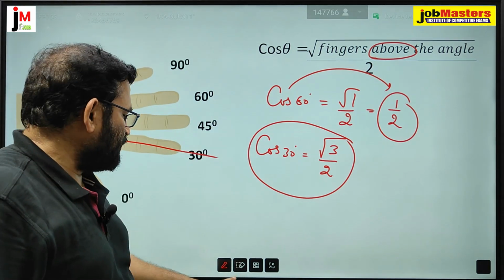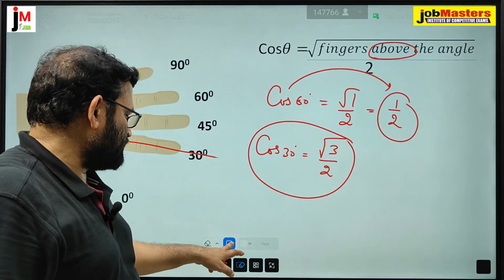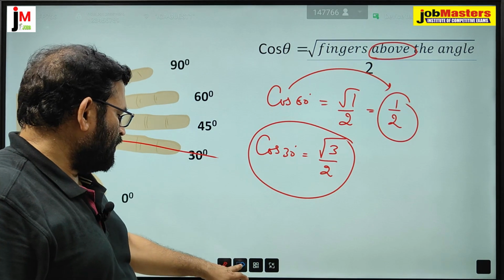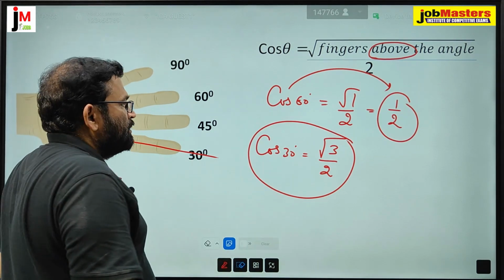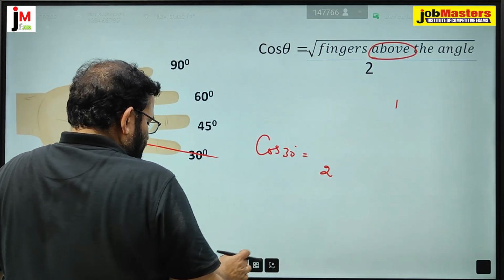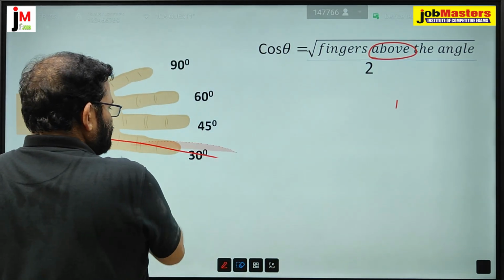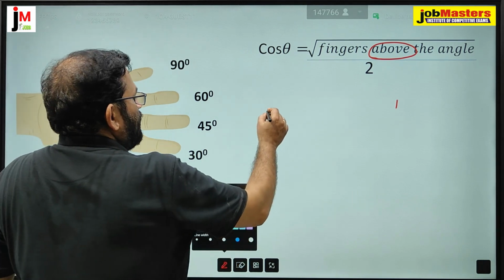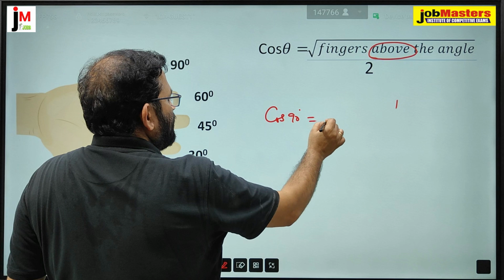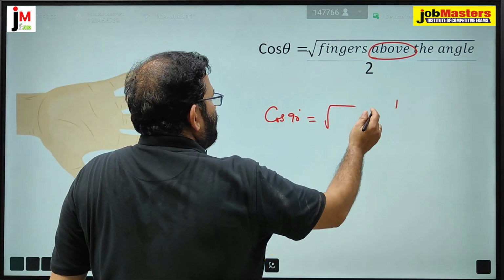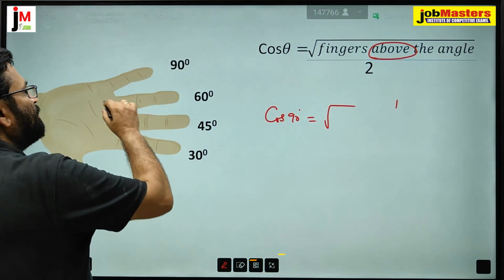If you have any other question regarding cos, we can also find that. So let me try one more question with cos. We can find value of cos 90 degree. So what our formula says, root of number of fingers above that angle.